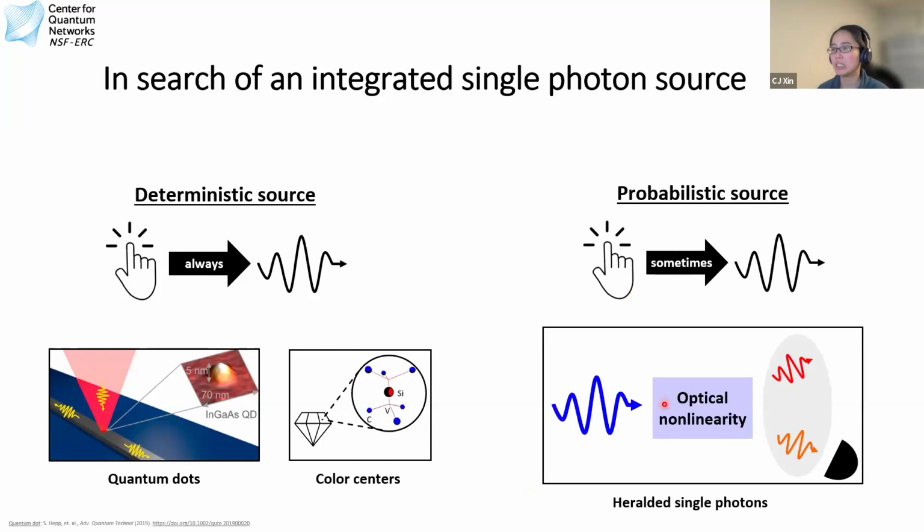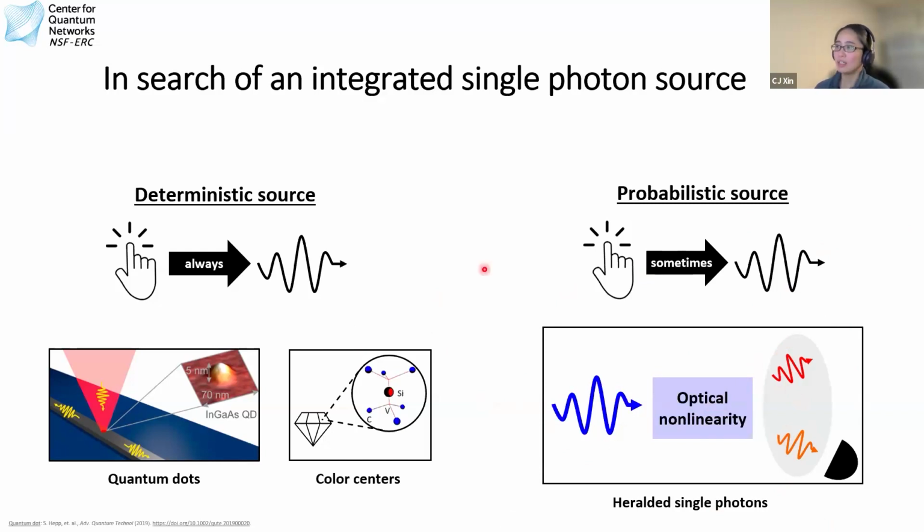Usually you have some really bright pump or pumps going into the material, and it interacts with the material, but it doesn't exchange momentum or energy. And then out comes a pair of photons that satisfy certain conditions, and then you detect one, and then you do whatever you want with the other one.